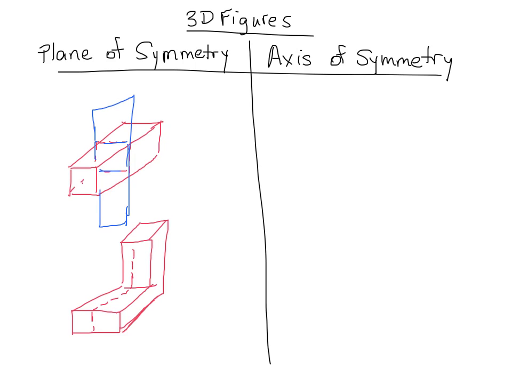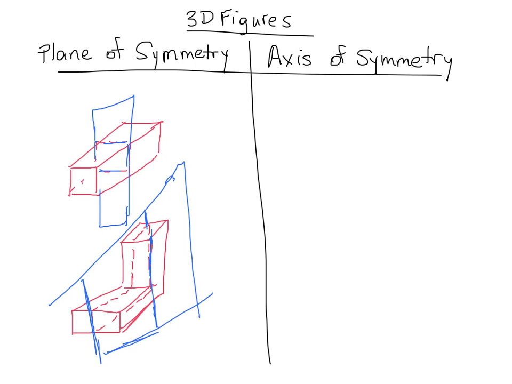And so what I end up creating is two skinnier L's. Because I can do that, it's showing me that I do have a plane of symmetry here. And that plane would be whatever is cutting my L. And this is really, really hard to show, but hopefully you understand. So that plane is, let's make it smaller. The plane is cutting straight through that L shape and making those two skinnier L's. I hope you understand. This is really, really hard to show.